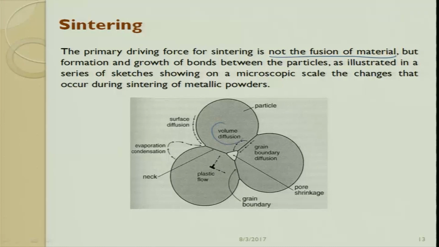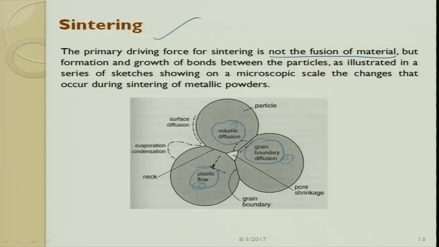Volume diffusion, grain boundary diffusion and plastic flow are the three major things involved in sintering. Around the surface you have surface diffusion, you will also have the grain boundary getting formed, and evaporation condensation also happening. Please make a note: volume diffusion, plastic flow, and the third one, grain boundary diffusion. All these three phenomena together happen in the sintering process.